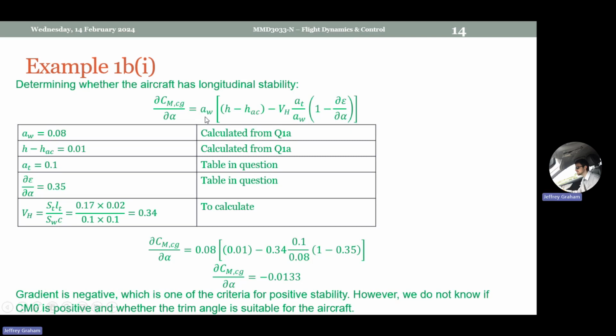AW is our lift curve slope we've worked out. That's our 0.08. We just got these values. So the center of gravity was 0.35. The aerodynamic center is what we just worked out.